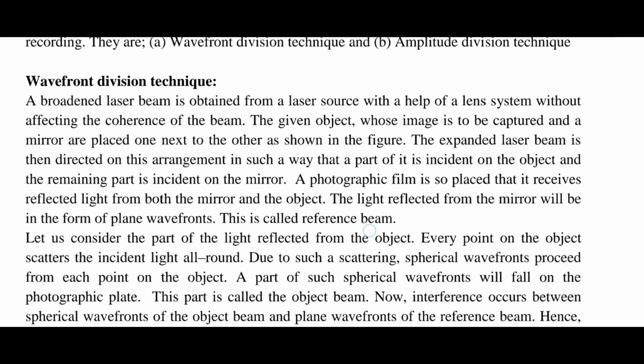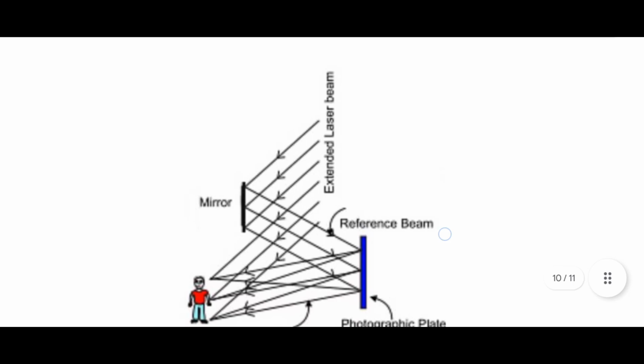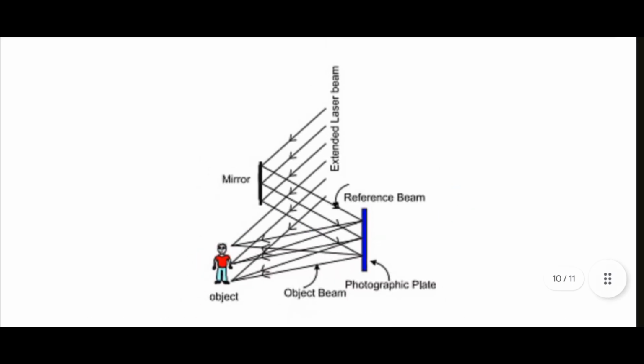A broadened laser beam is obtained from the laser source with the help of a lens. There is a given object whose image is captured by altering the coherence of the beam. This image is captured with a mirror placed one next to the other, as shown in the figure. This is the figure where the given object and the mirror have been kept one next to the other.